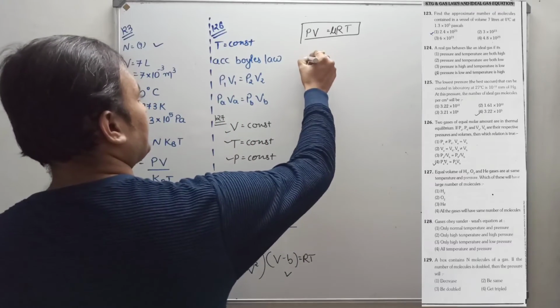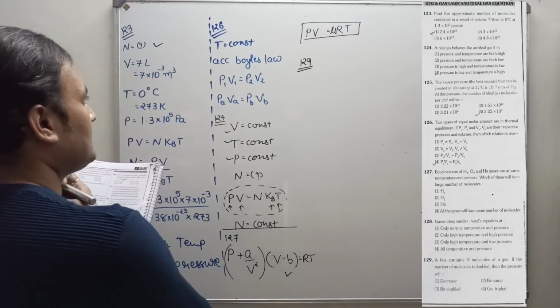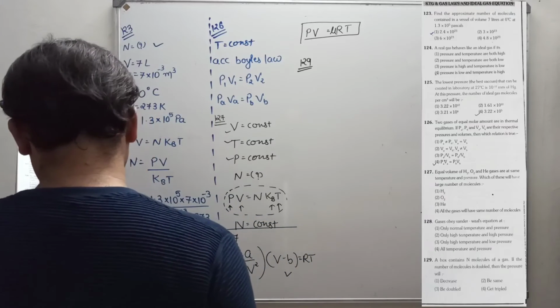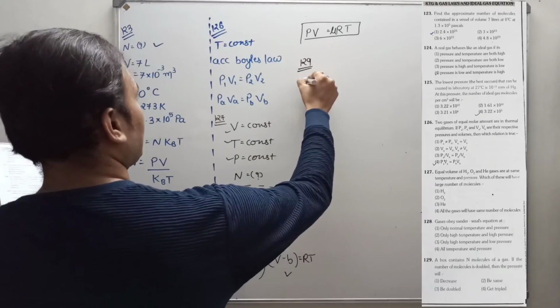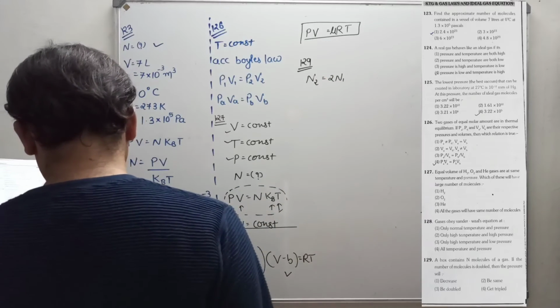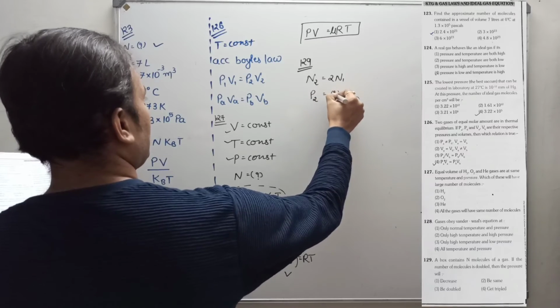129. A box contains n molecules of gas. If the number of molecules is doubled, n2 is equal to 2 n1, then the pressure will be... simple.